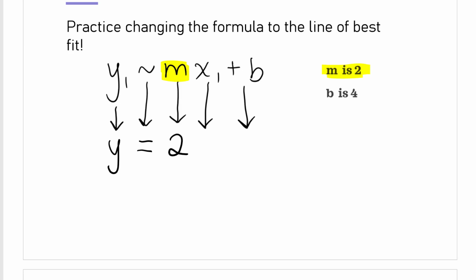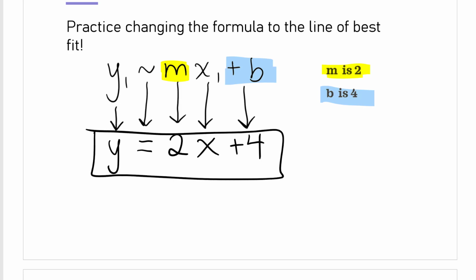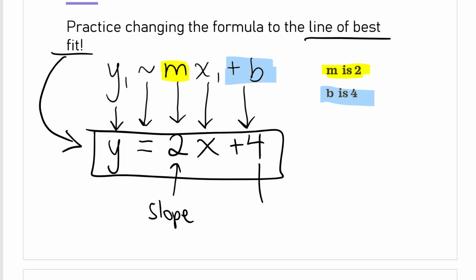X1 is now X. And B is 4. This is the line of best fit. Slope is 2. The y-intercept is 4.